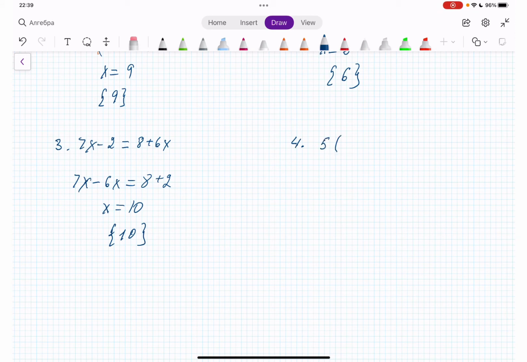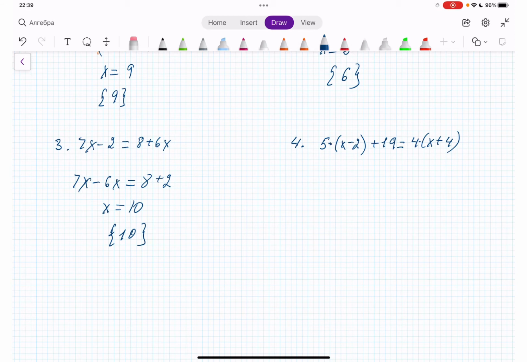5 times the quantity x minus 2, plus 19, equal to 4 times the quantity x plus 4. Okay, before I combine or do anything, since we have multiplication here, I need to multiply this number over the parentheses.